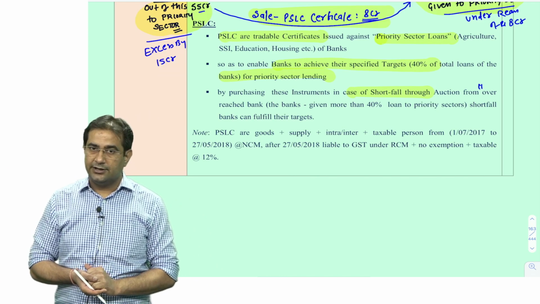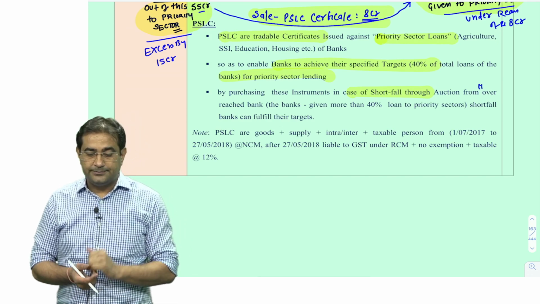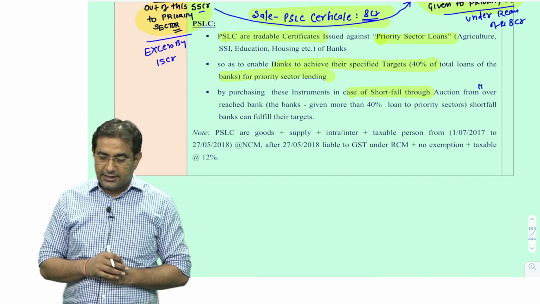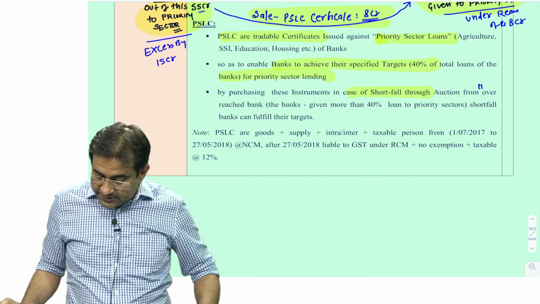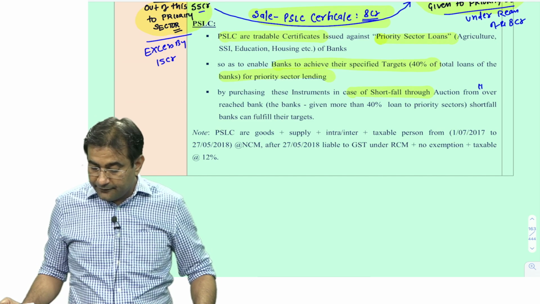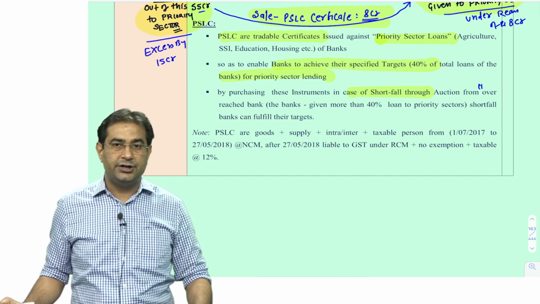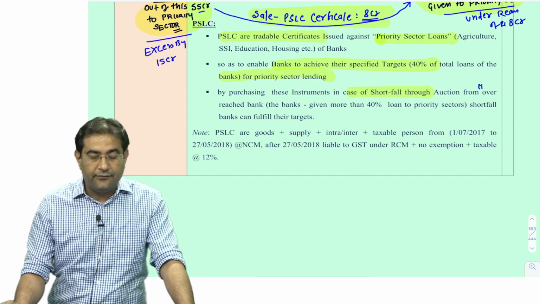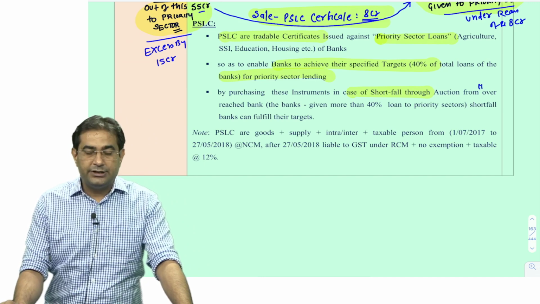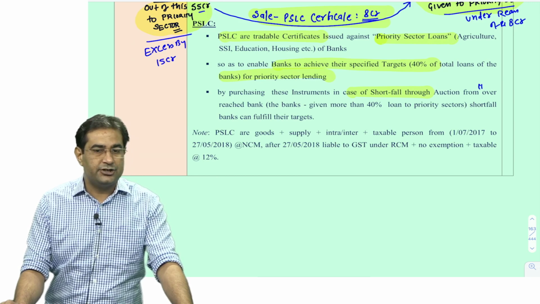It will be liable to GST. For your kind information, the rate of GST on the certificate is 12%, and it is liable to normal charge mechanism or reverse charge mechanism. Sir, earlier from 1st July 2017 to 27th May 2018, it fell under normal charge mechanism, and after 27th May 2018 it is liable to GST under reverse charge mechanism.